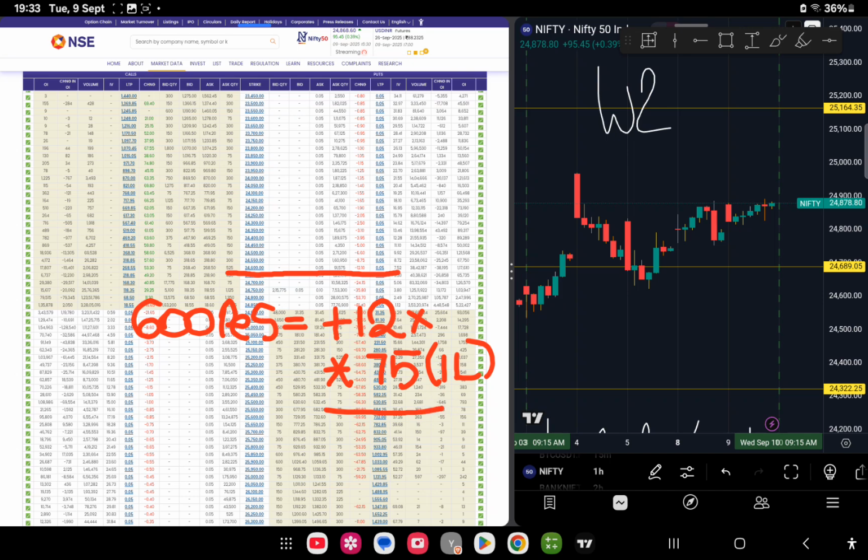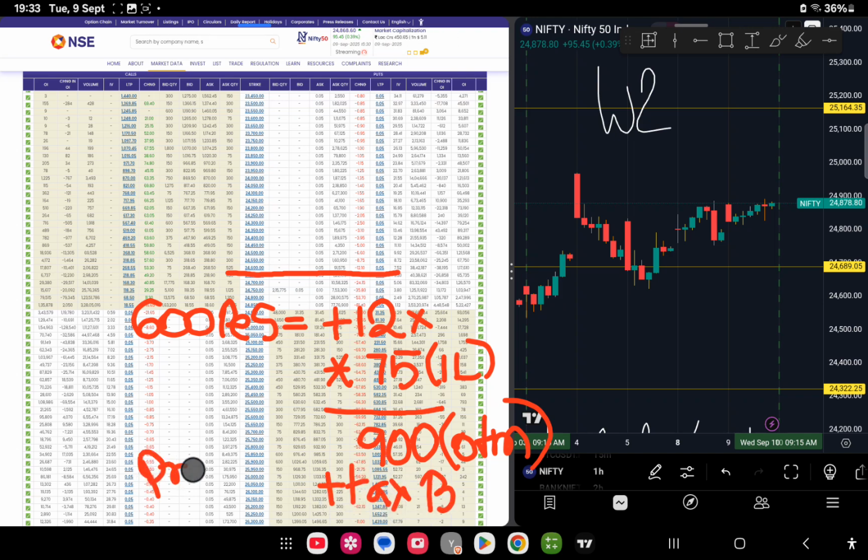Let me quickly do it. So it's 900 for an OTM, plus tax and brokerage. So this is definitely a profitable trade. This is one leg; you can take multiple legs here and manage your own position.